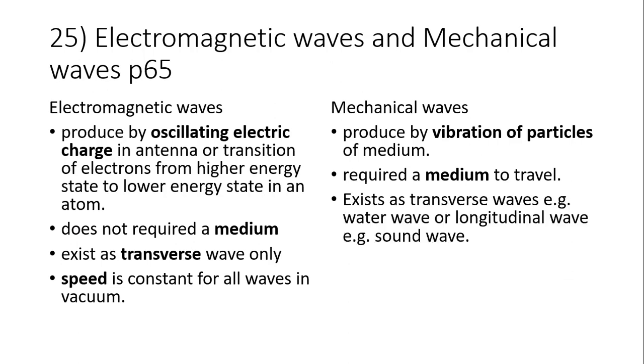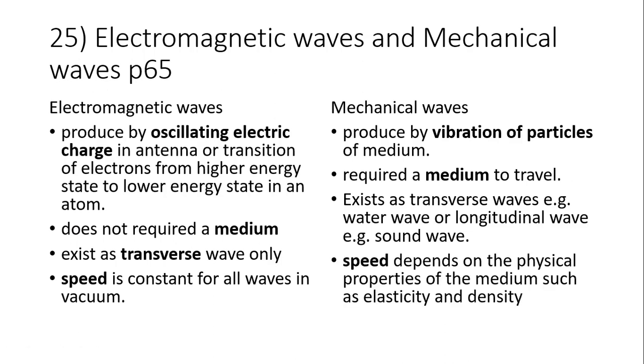Exists as transverse wave, for example water wave, or it can be longitudinal wave, for example sound wave. Speed depends on the physical properties of the medium, such as elasticity and density. It means it depends whether it's solid, liquid, or gas.